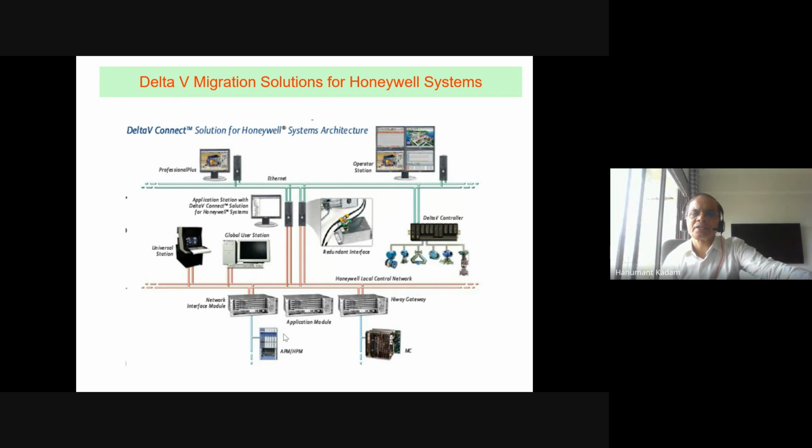So Delta V Connect, a Delta V migration solution for Honeywell systems. So there are advancements coming. You can see here these are the control networks, and through this the Honeywell local control network is getting connected to the Delta V systems on normal Ethernet.